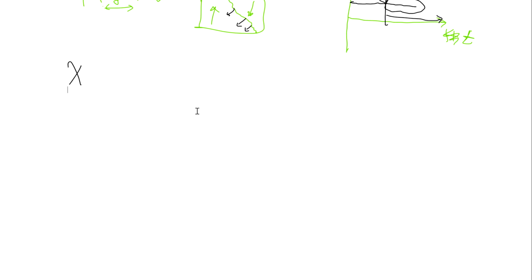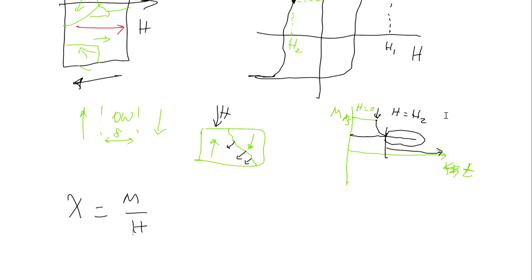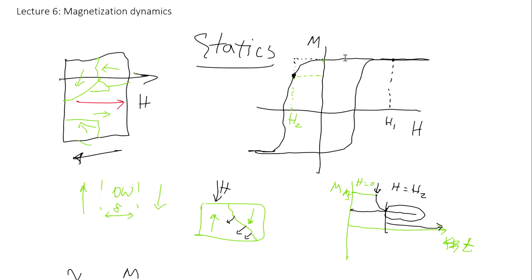As you remember, susceptibility is the ratio of M to H, and basically if we take the ratio from this graph of each value, we'll get our susceptibility, and that allows us to say that, okay, your susceptibility versus applied field. You can plot susceptibility as well.